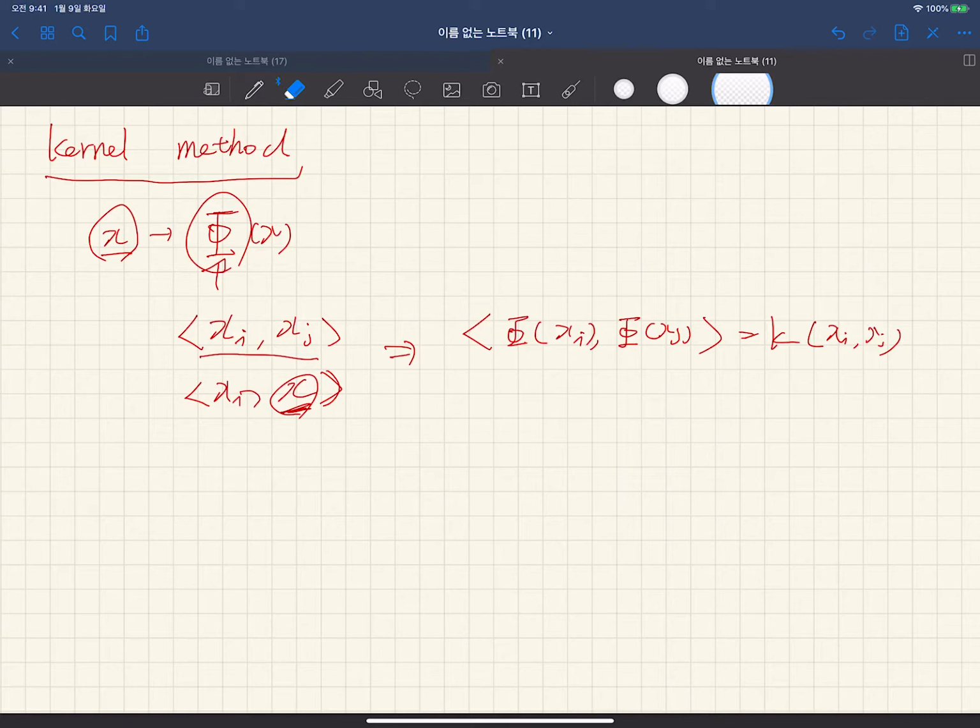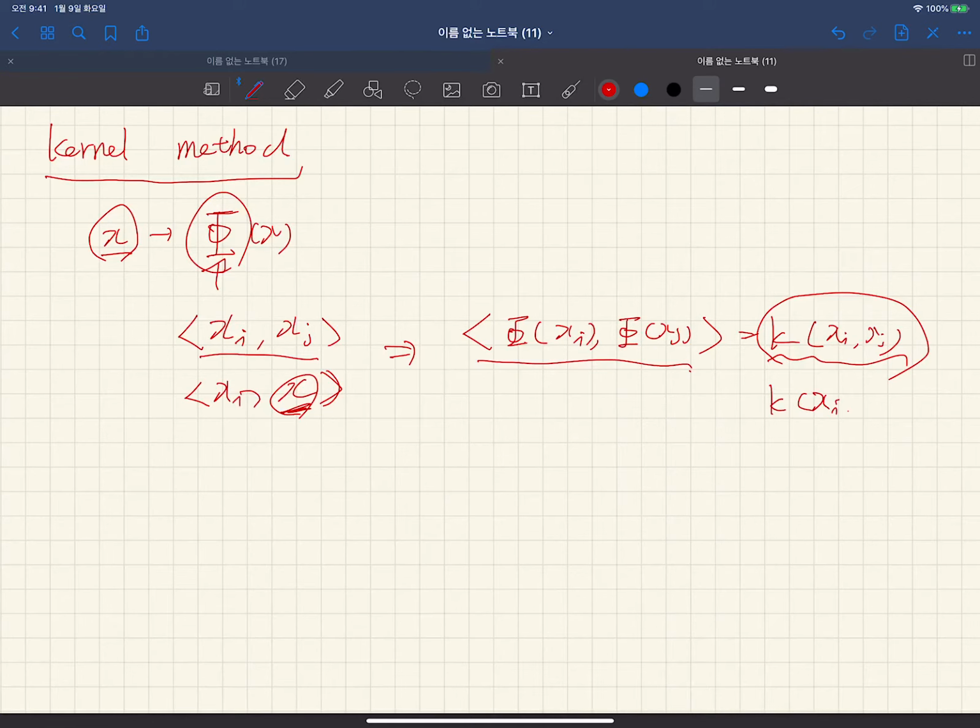In the support vector machine, all we need is the inner product, and the inner product is predefined with the kernel function. So to compute the boundary, or the output prediction equation, we just need to know the kernel function, kernel of xi and xj and kernel of xi and x.